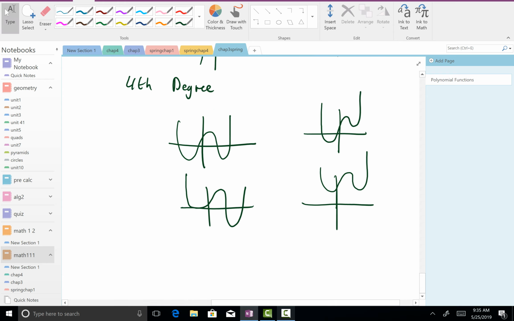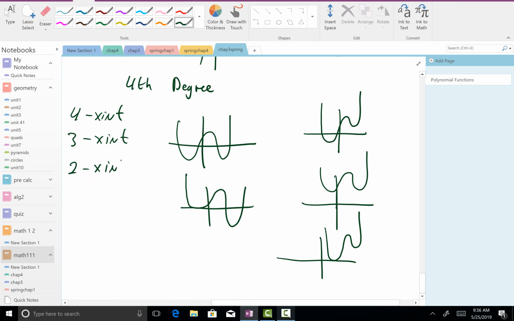So we can have 4 x-intercepts, 3 x-intercepts, 2 x-intercepts. Did I get a 2, 1? Yeah, here. 1 x-intercept, or 0 x-intercepts. I can have all those situations.